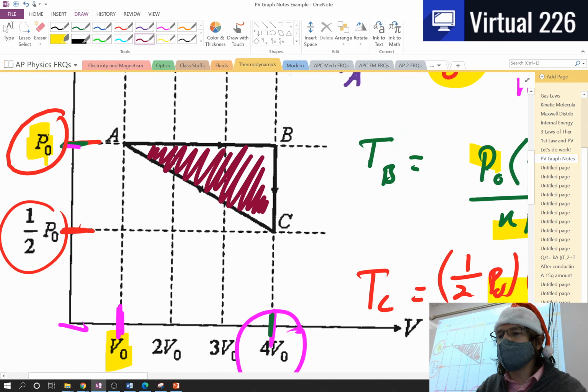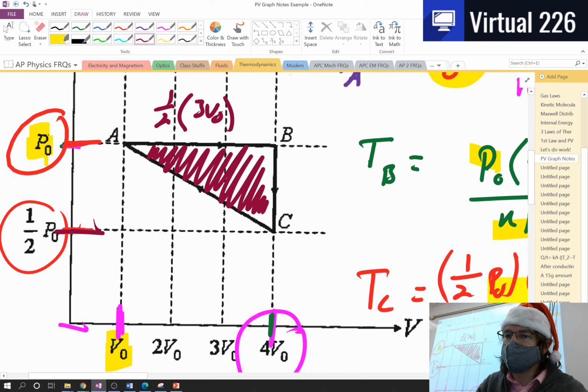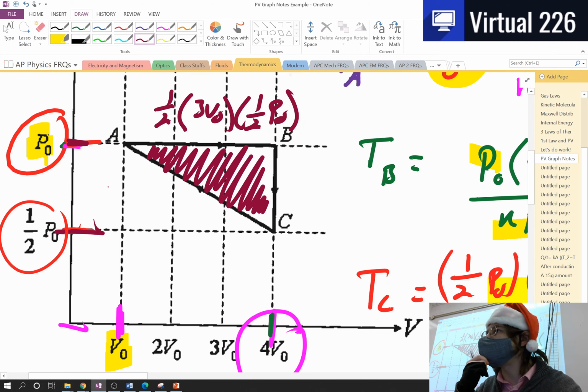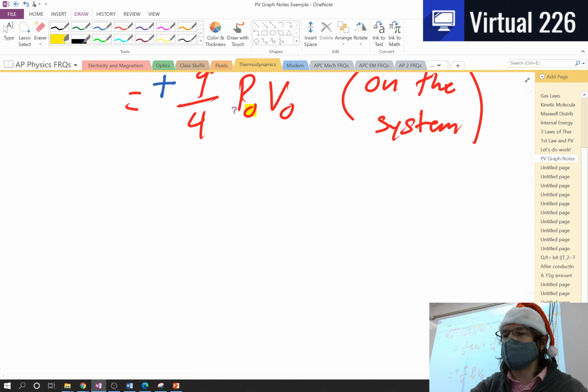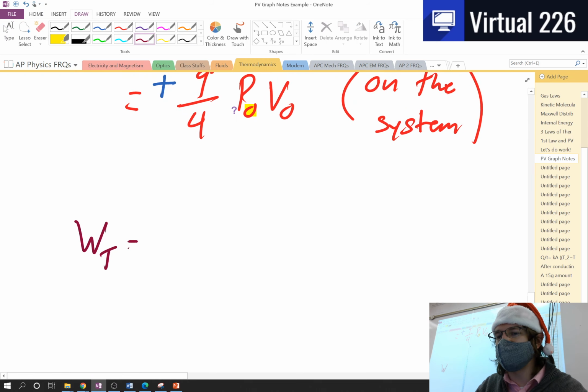So this triangle, if we take the 1/2 base times height, we have 1/2, our base is 3V0, and our height here from 1/2 P0 to P0 is 1/2 P0, which we actually did as a piece of our trapezoid last, and we quickly find that this is 3 P0 V0 over 4. So our total work, if we were to add all these up, is just that area on the inside.